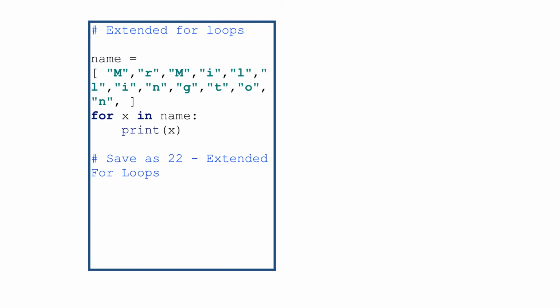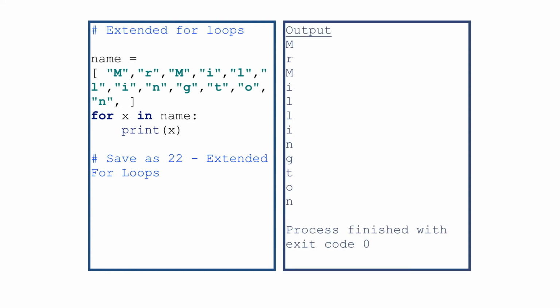Okay, loops can also be special loops for lists in Python. Again, pause this video now, put this into your computer and see what happens. There we are. Suddenly, this is a for loop, for x in name, and x will loop through every single character in name.